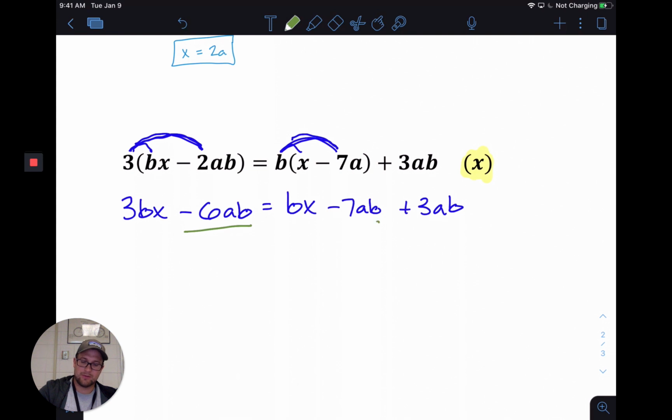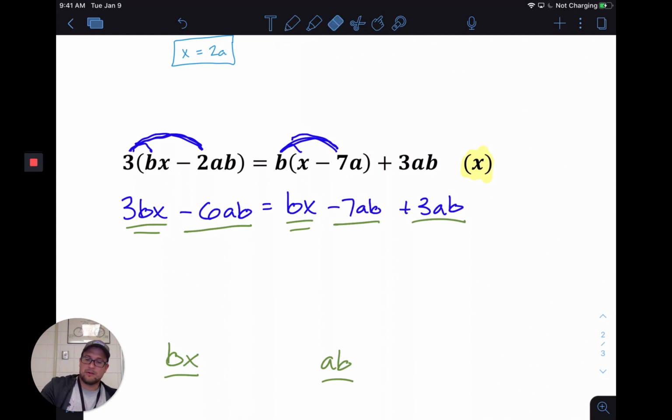Like term, like term, like term. Anytime we have like terms, we can put them on the same pile, which helps us solve an equation. So what I'm going to do is regroup all my ab terms on this side, and move all my bx terms on this side. If you wanted to do that the other way around, that's absolutely okay too.